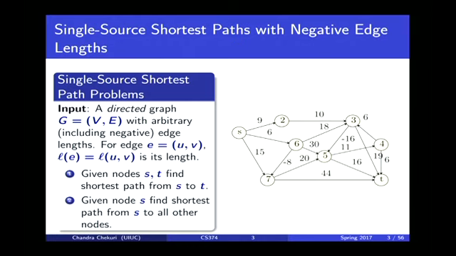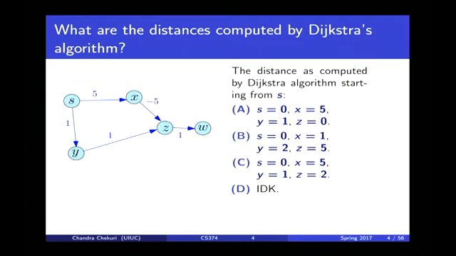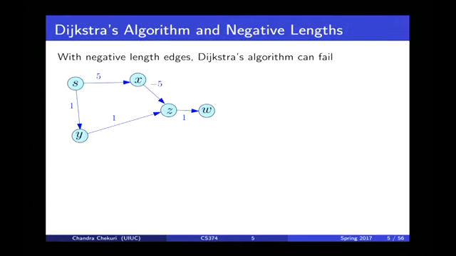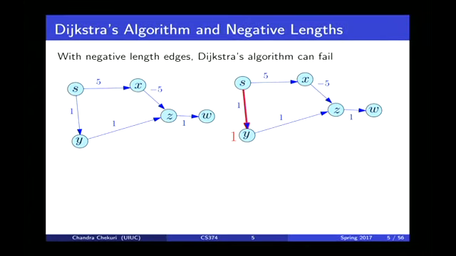And now we want to think about a graph having edge lengths which can be negative. If that happens, then Dijkstra's algorithm can fail. We saw an example of that. And the reason Dijkstra's algorithm fails, just to recap, is that it is designed under the principle that the shortest path distances along a shortest path increase.